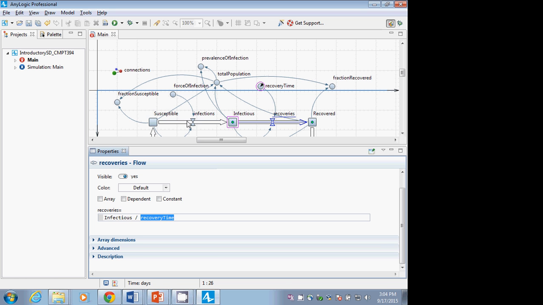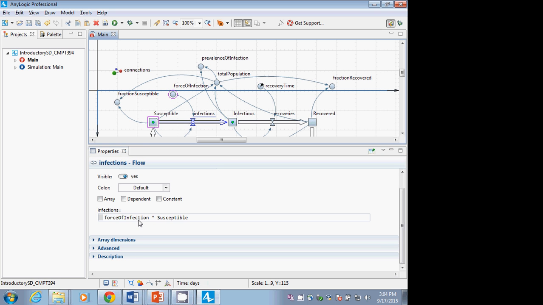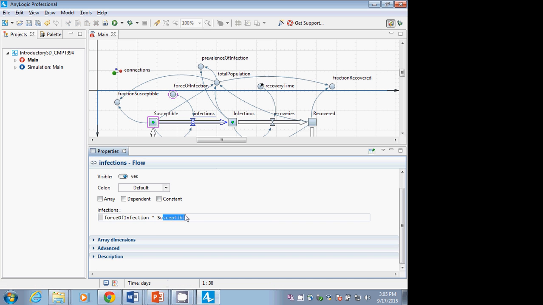Because after all, if susceptible has a certain value, what sets the value of this flow is not just the value of the number of susceptible, but also takes into account this number here. So in short, it isn't always the case that if the number of susceptible equals the number of infectious, the rate of infections and the rate of recoveries will be equal, because it also depends on these parameters. Is that helpful, Wade?